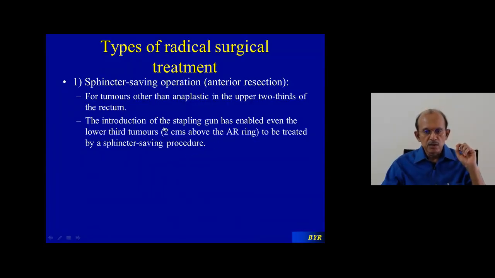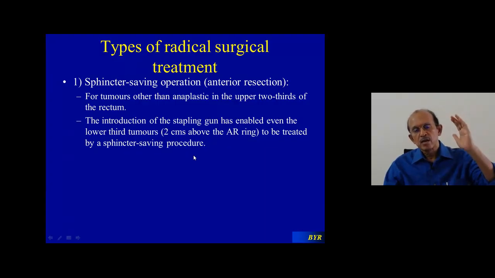Of course, for this one, you need not bother. What this means is the introduction of stapling gun has enabled even the lower third tumors, the tumors which are situated 2 centimeters above the anorectal ring, to be treated by a sphincter saving procedure. Whatever it is, the tumor must be 2 centimeters above the anorectal ring.